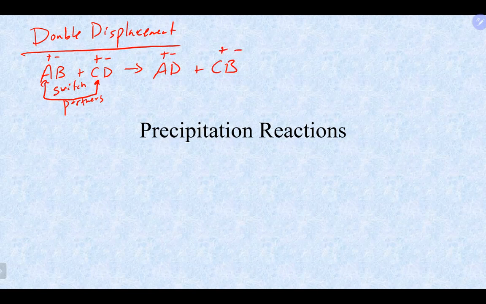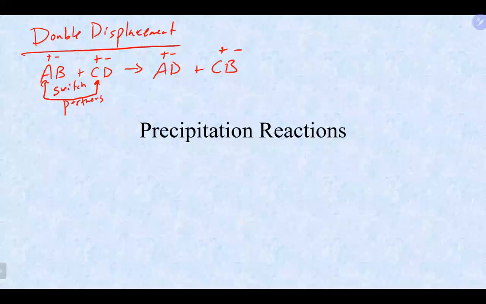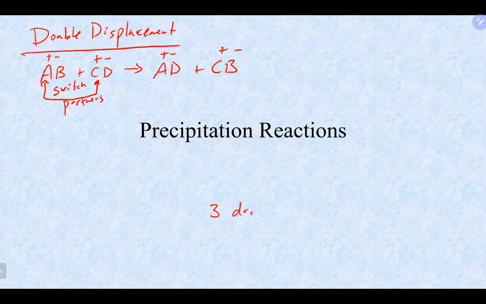And basically, double displacement reactions take care of two of the three reasons a reaction takes place. So if you remember, there are basically three reasons, or three driving forces, for why a reaction takes place.